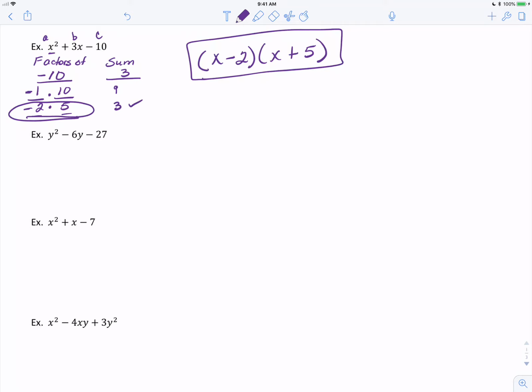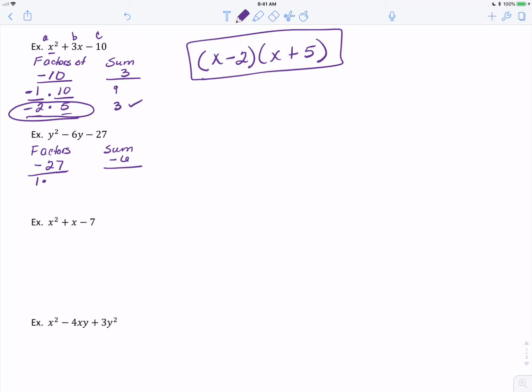Okay, so here we're thinking factors of negative 27 whose sum is negative 6. When I add these together, I need to come up with a negative number. So that means my bigger number here needs to be negative.